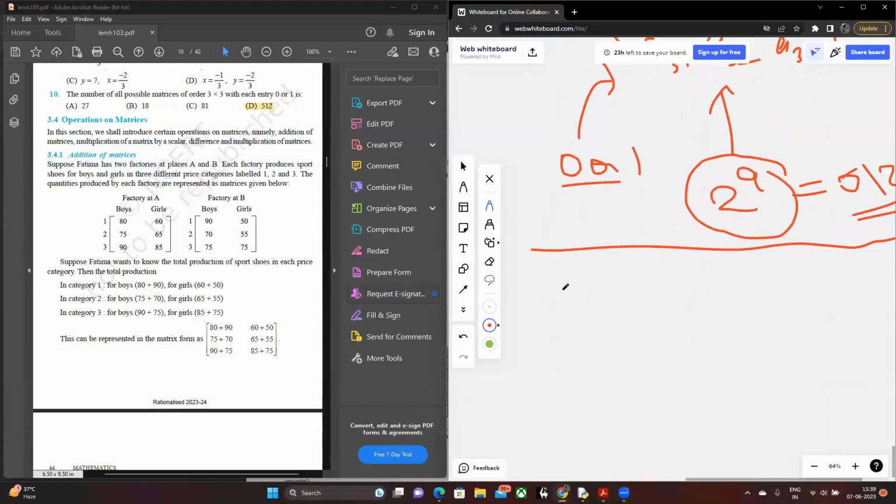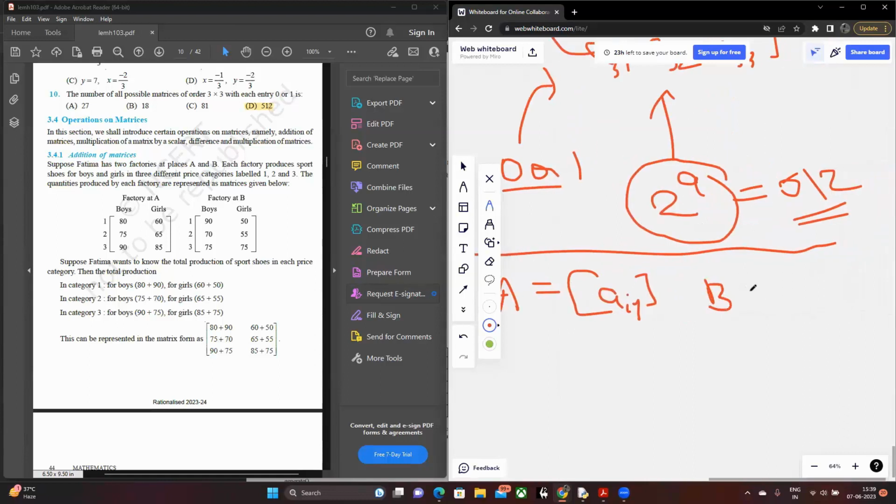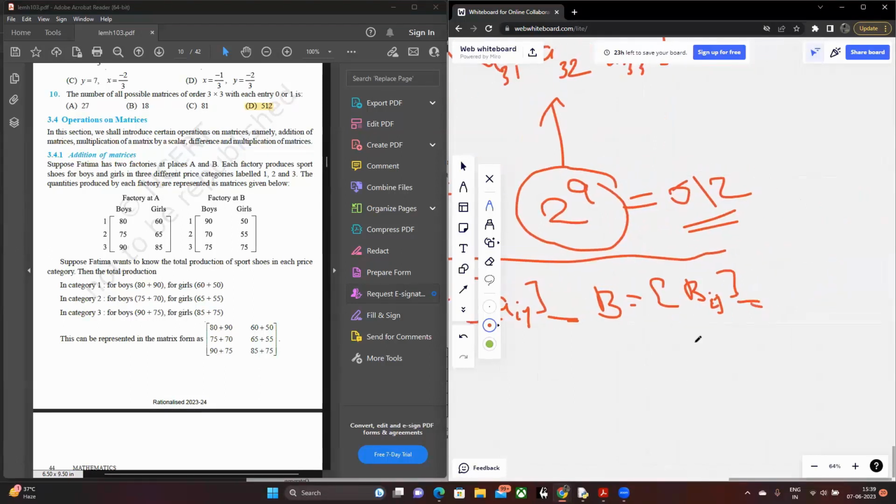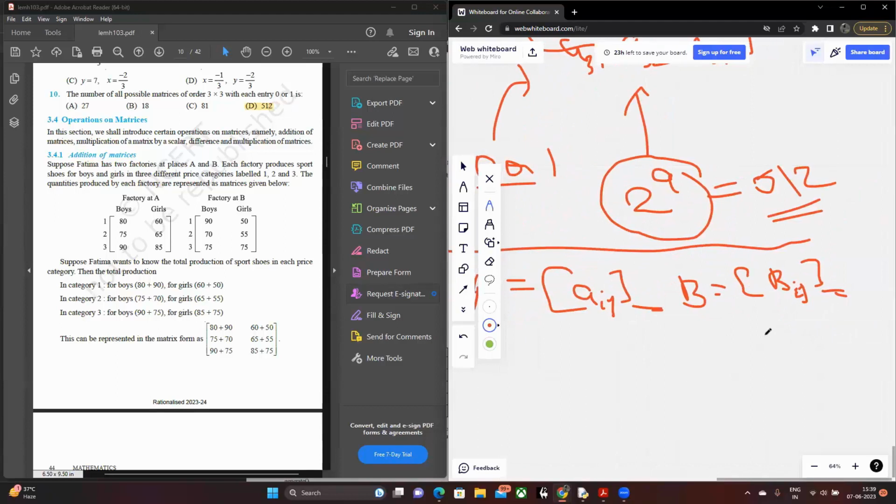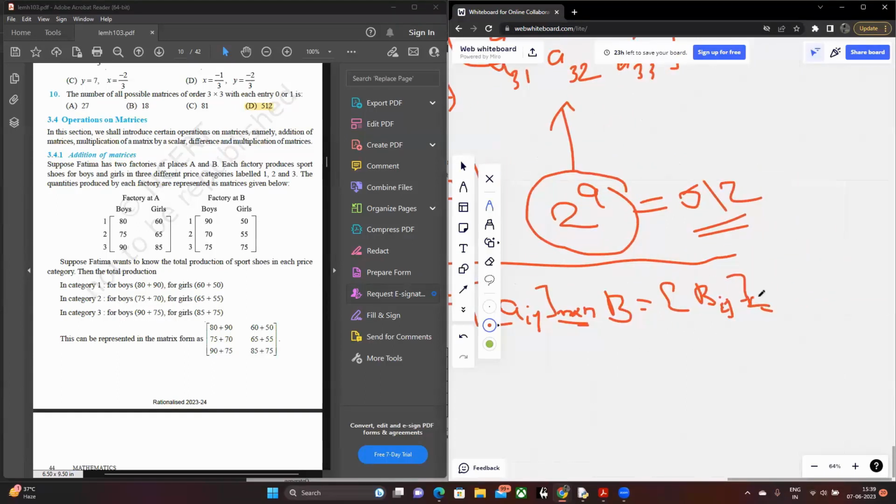So if you have 2 matrices, A equal to Aij and B equal to Bij, I'm not writing the order because it can be of arbitrary order. Wait, no, it cannot be of arbitrary order. If this is of order m cross n, then B has to be of order m cross n.